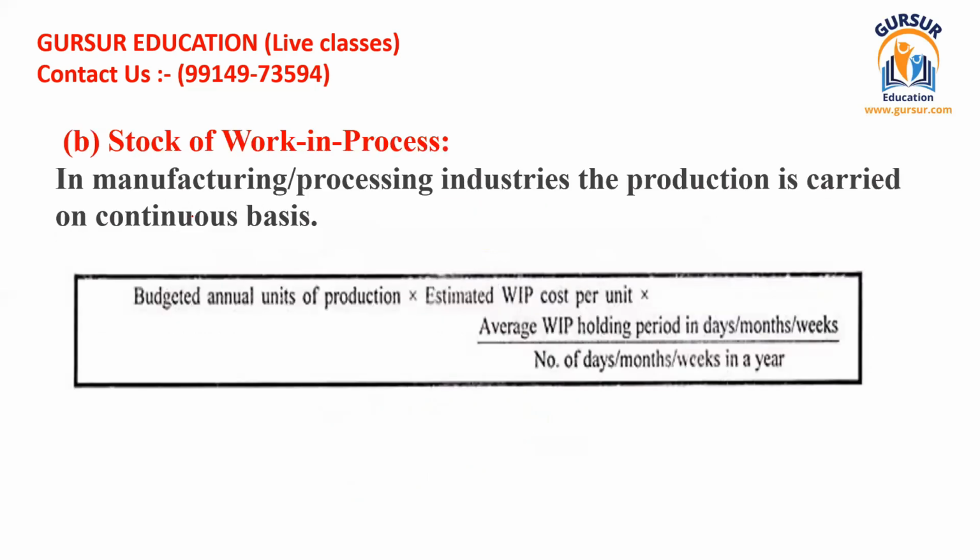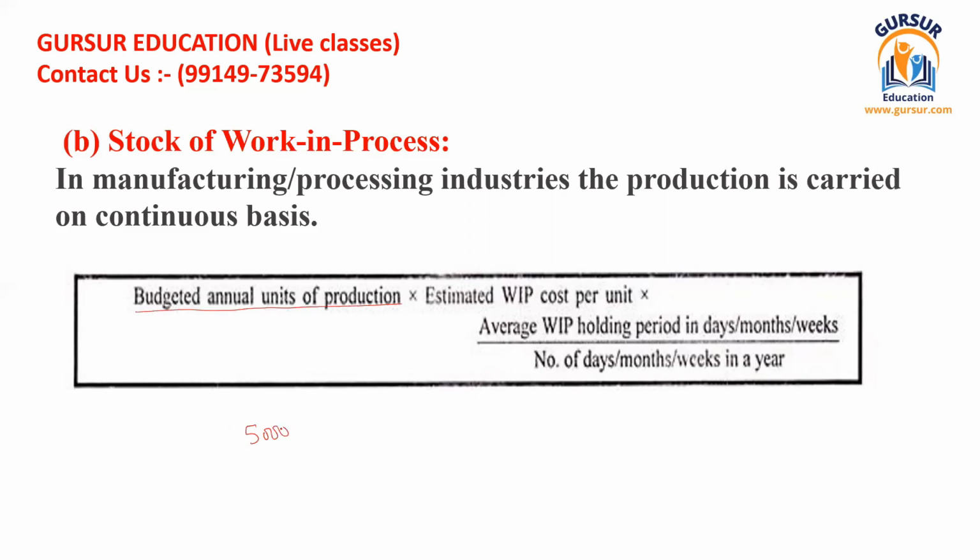And the second one is the value of stock of work in progress, and this is all the same as what we have already gone through regarding the previous one. Okay, so what do we mean by this? So stock of work in progress can also be calculated in this way. First of all, you have to write budgeted annual units of production.